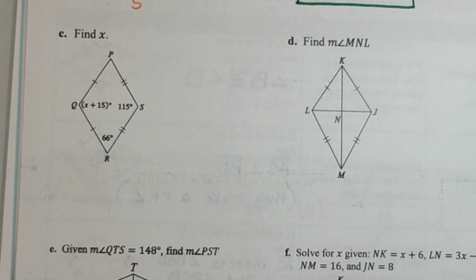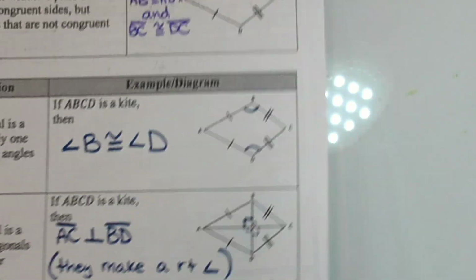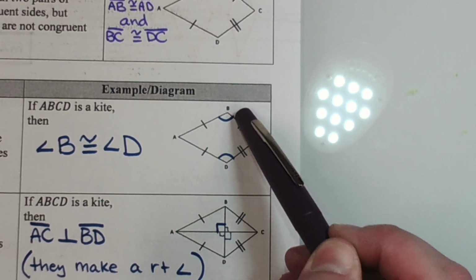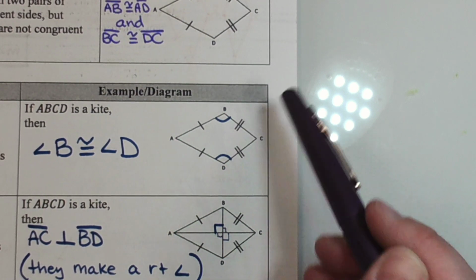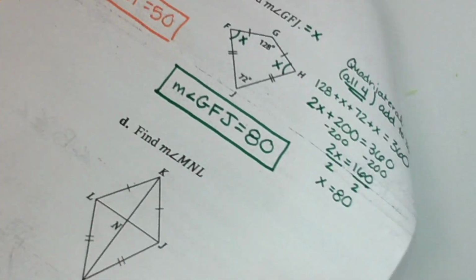Which angles are the congruent ones? If need be, line up your pictures. Line up your congruencies in your pictures. On this picture, it is the left ones and the right ones that are congruent. The left sides and the right sides.